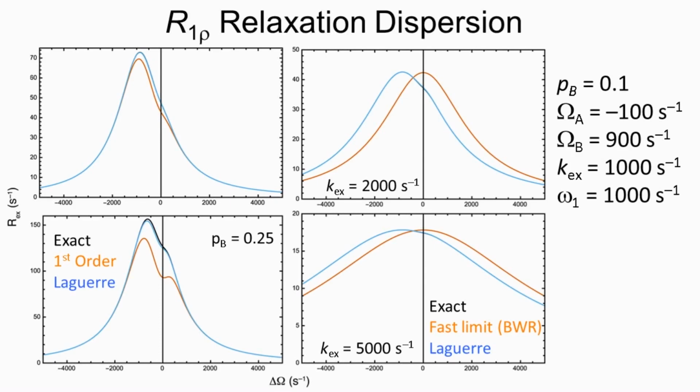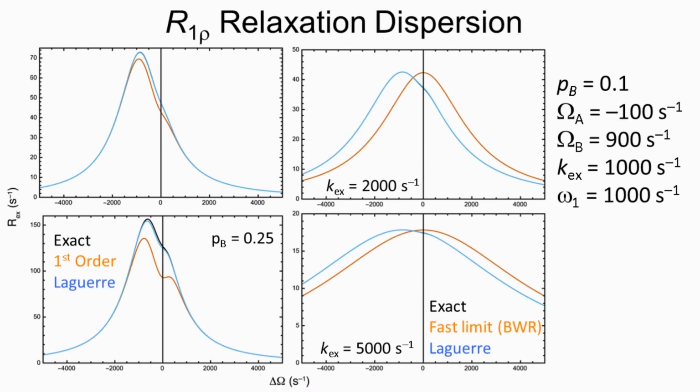The orange curve is the first order approximation, and the blue curve is the second order approximation, which is frequently called the Laguerre approximation based on how it was originally derived.